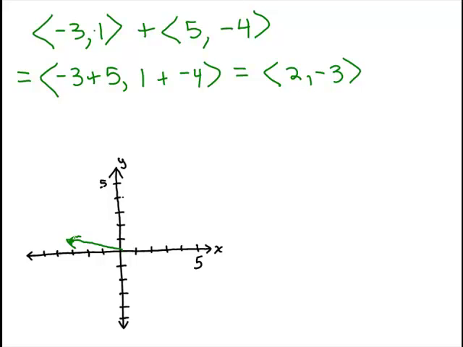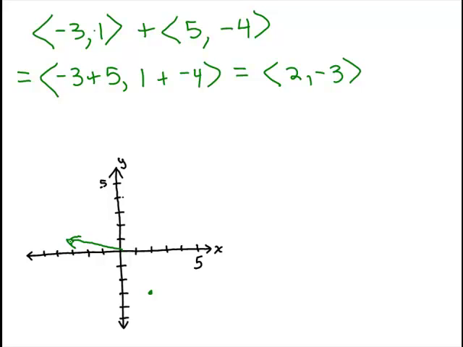Okay, so I've got negative 3, 1. That's the first vector. To that, I'm going to add 5, negative 4. So from here, I have to go over 5 and down 4. It's going to be right here.